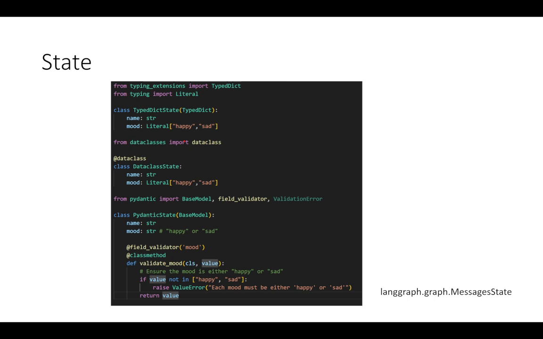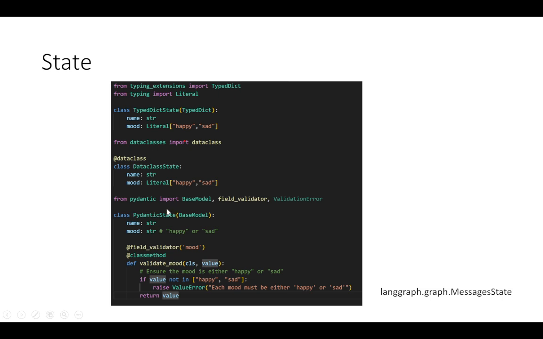One important thing, state. As we saw, this state can basically be a TypedDict. If you use TypedDict, you will access it as a Python dictionary. You can also use a data class. With a data class, you access it with a dot, so state dot name would access that field.